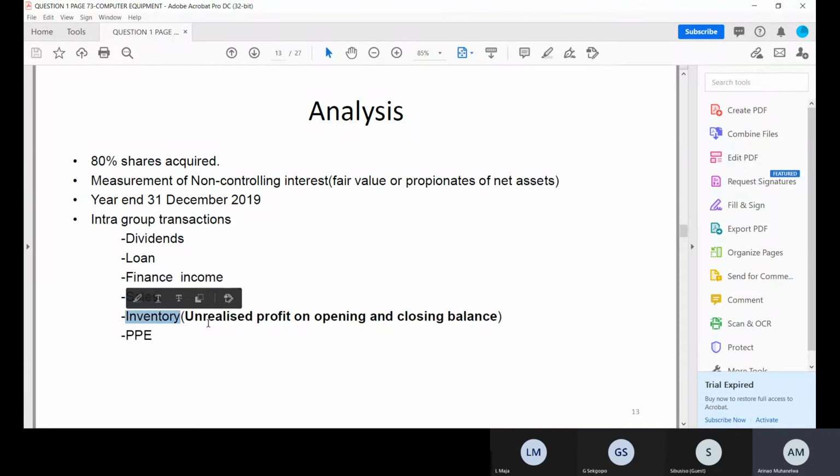As I've indicated, unrealized profit on opening and closing balances needs to be reversed, as well as the sale of property, plant, and equipment. Most adjustments are going to come from these intergroup transactions, and one of the key issues is that intergroup transactions must be eliminated. It is the consolidation procedure.